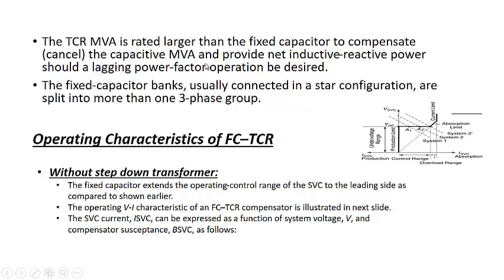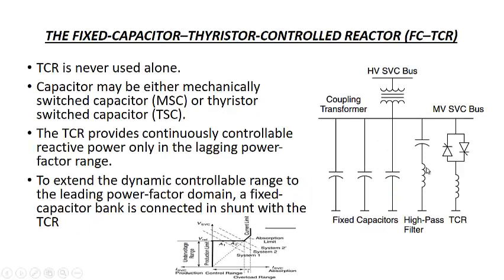It is because the total current drawn by these two parallel components is equal to this current plus this current. Overall we can consider them as only one capacitor. There may be one or two or three, depending upon the need, so we can club them into one capacitor.